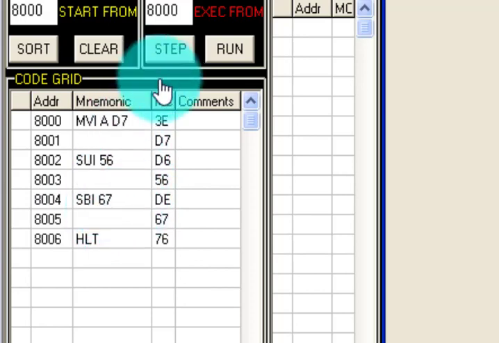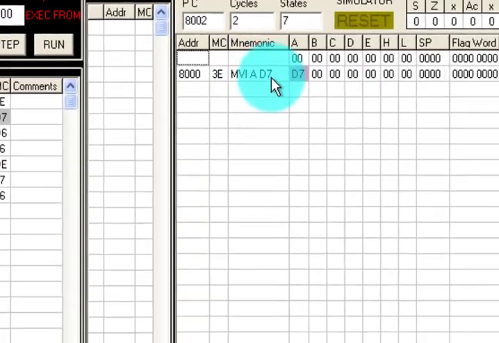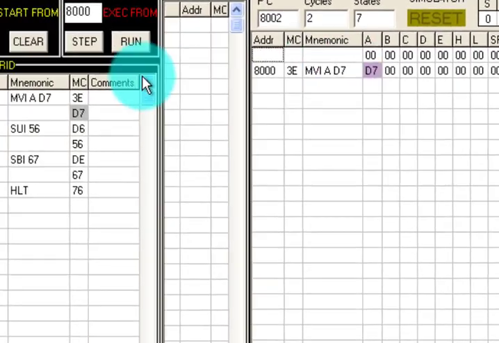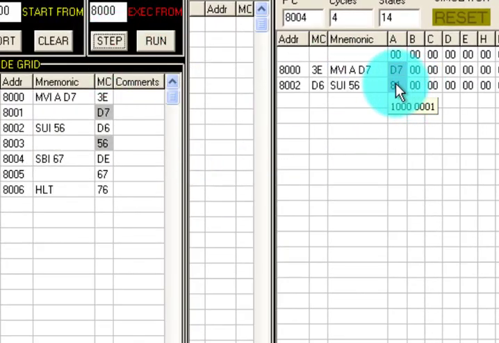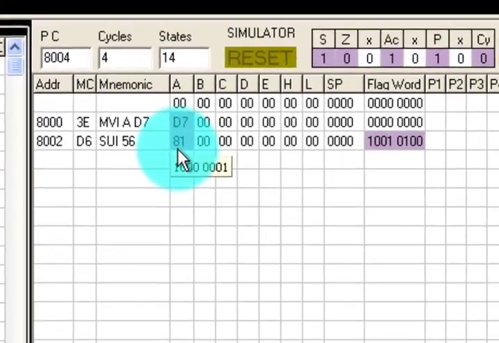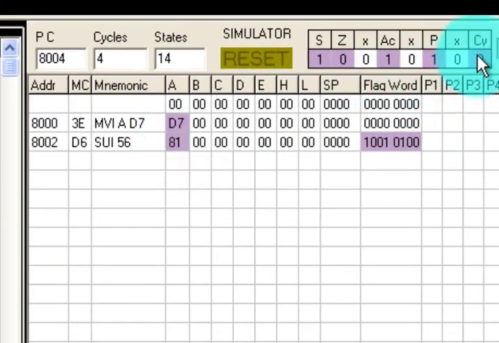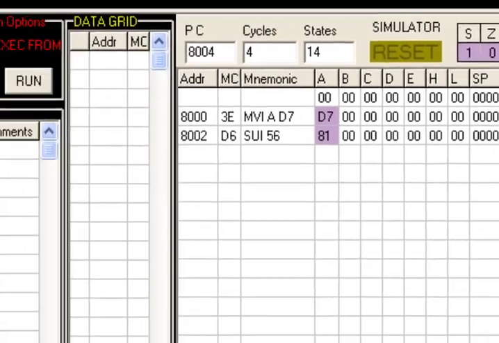Okay, so let us execute this code. Both the instructions are of 2 bytes. With the first step, we have D7 in register A. With the second step, it does a subtraction, D7 minus 56, and the result is 81, which is stored in register A, and there is no carry, no borrow.